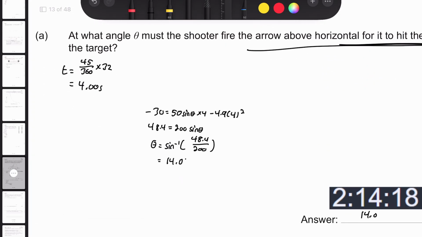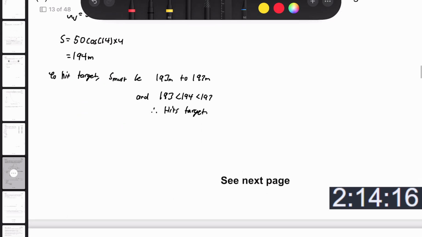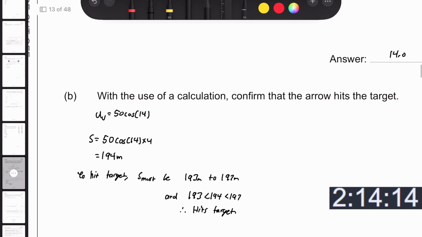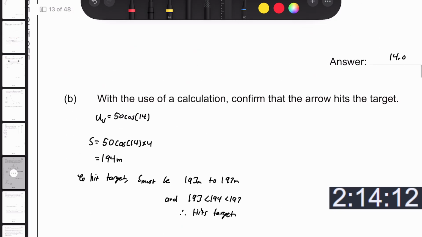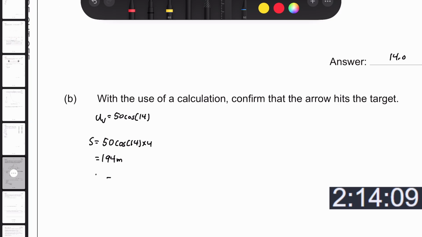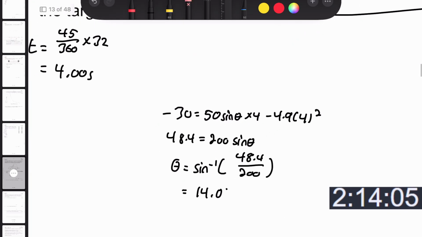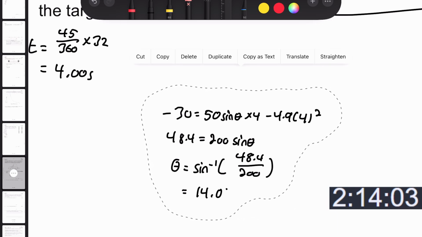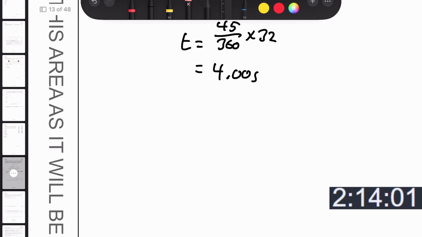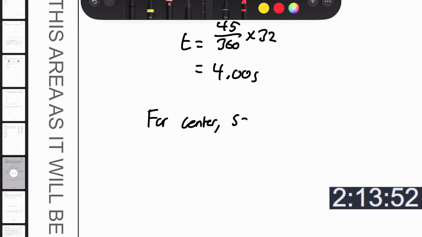I'm just going back and forth, back and forth. It says center of target, so I think I have to do it the other way. Let's say that 195 is for center. But then I don't know how to do it the other way.